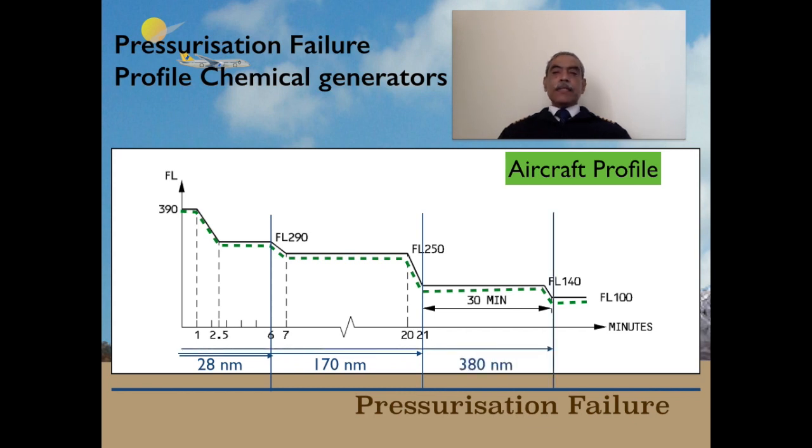Now this has to be compared against the obstacles on a particular route, and the operator has to satisfy the regulator that it meets the obstacle clearance limits, and then the route operation shall be approved by the regulator.